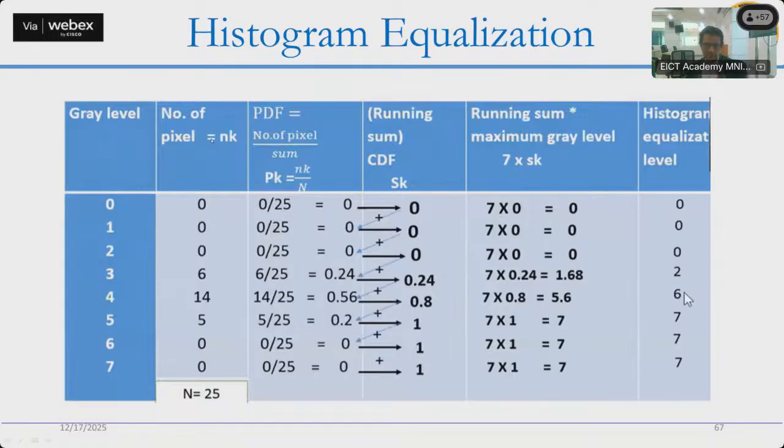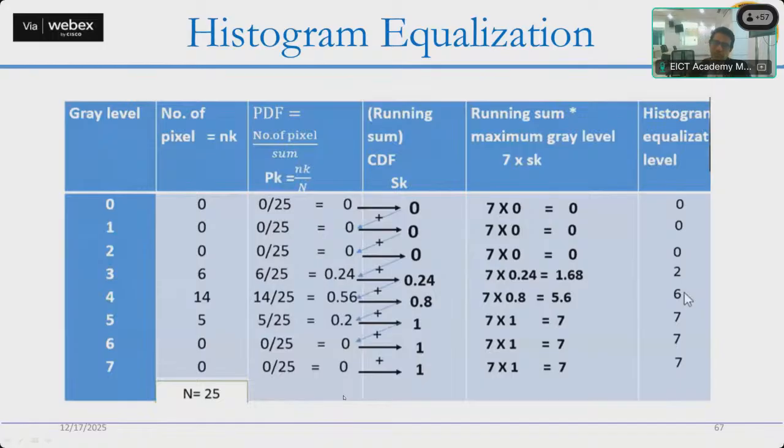What we are saying here is, you find out the number of pixels in the histogram; these two columns are there. From these two columns, we calculate the PDF, the probability distribution function. We divide by the total number of counts. When we divide by the total number of counts, we get all the values between 0 to 1.